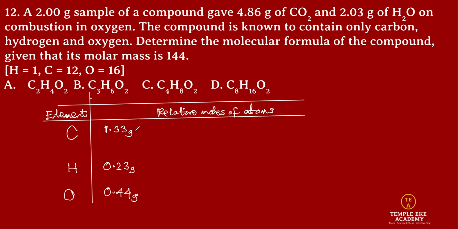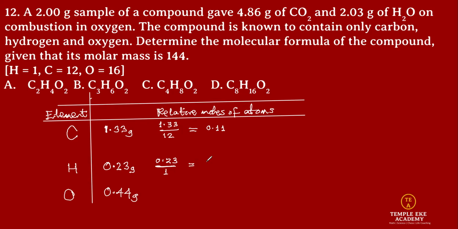the molar mass. So in the first calculation, we have 1.33 divided by the relative atomic mass of carbon, which is 12. And this calculation gives us 0.11. The next one, 0.23, we're going to divide by that of hydrogen. So we have 0.23 divided by the relative atomic mass of hydrogen, not the molar mass, 1.